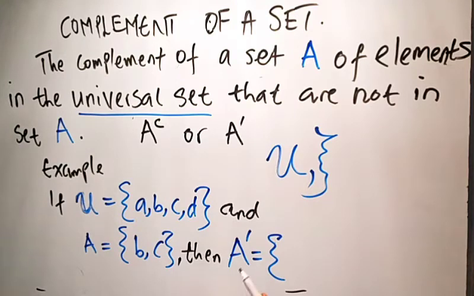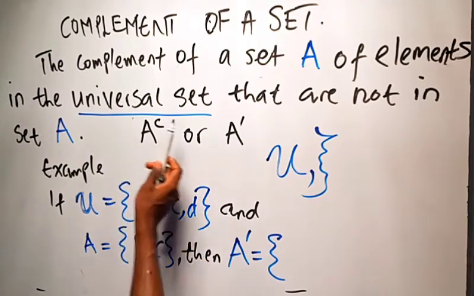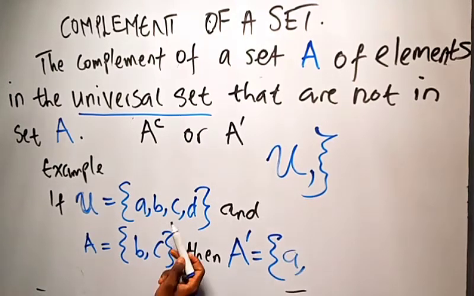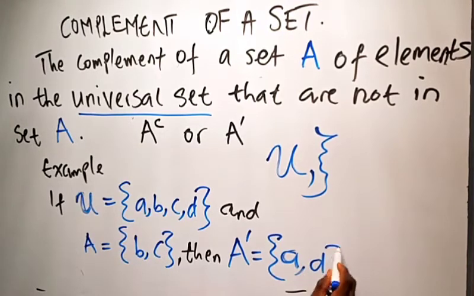Then A complement, from the definition, is all the elements that exist in the universal set but not in set A. So A complement will be A, which is not in set A, and D, which is not in the set A. So these 2 elements will exist in the A complement because they complement the main set. Very nice. So that is just it about the complement of a set.